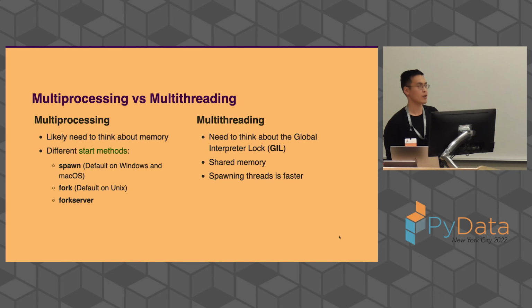If you're multithreading Python code for numerical computing, you have to make sure that the thing you're multithreading releases the GIL. Multithreading has shared memory. There are quite a few differences, but for this talk, I try to push that you use multiprocessing if the Python function you're parallelizing over does not release the GIL. But if the thing you're parallelizing over does release the GIL, then you can use multithreading. That's the talking point I was trying to push.